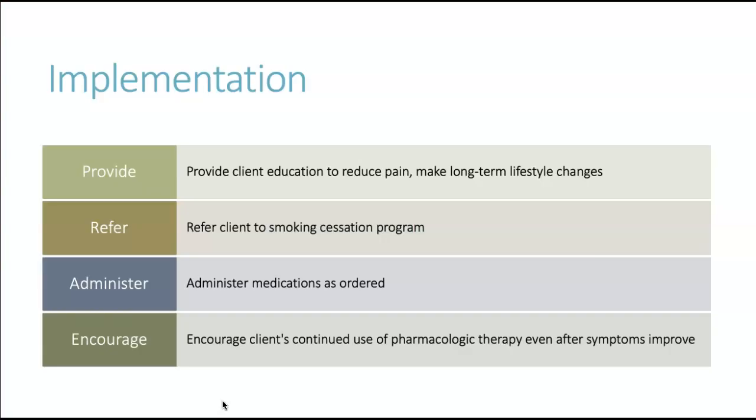We're going to provide a lot of education to our clients to help reduce pain and make long-term healthy lifestyle changes. Smoking cessation, maybe alcohol cessation as well. Those modifiable behaviors, as I like to call them: smoking, alcohol, weight, and diet.